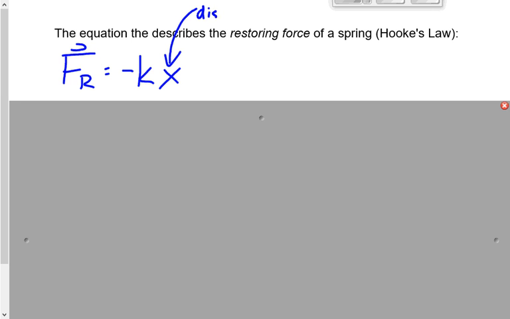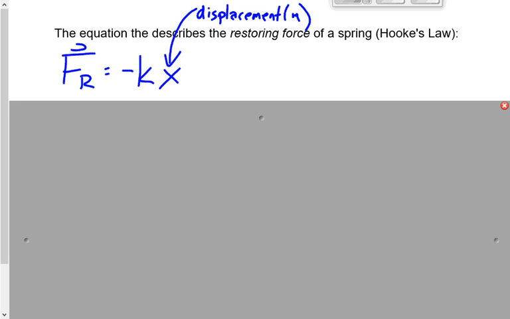Now, didn't we call displacement delta d before? Yeah, we did. If I was to take a spring and stretch it, how much it stretched would be x displacement. But if I was to take a spring and throw it across the room, the displacement of the spring across the room would be the delta d displacement.